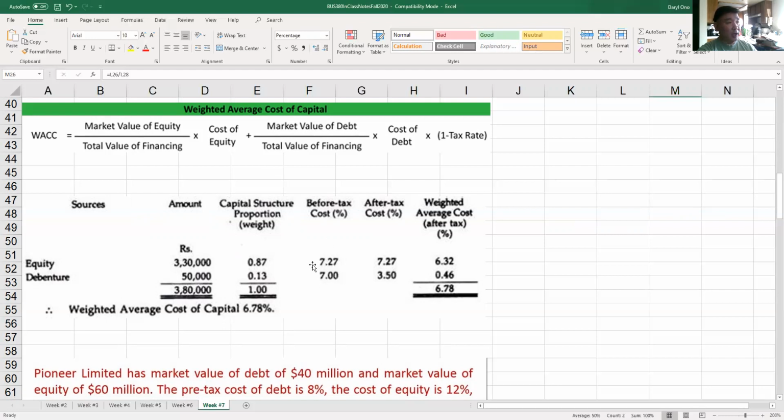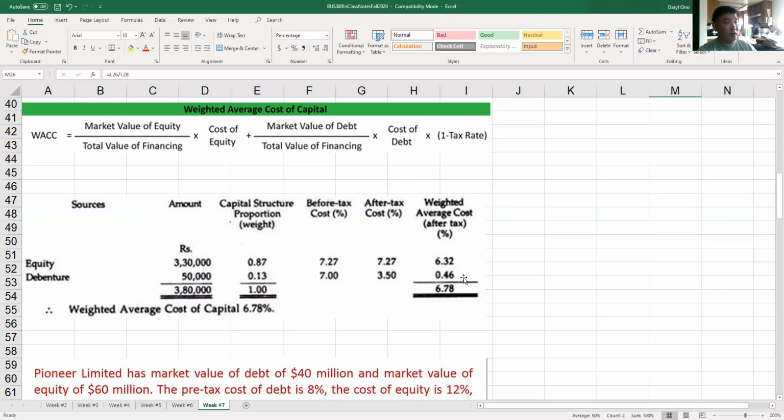You can use the capital asset pricing model to forecast this. This is after tax because you can see up here that your debt, you can deduct it for tax purposes. Looks like we have a 50% tax rate. So your after-tax cost of debt is 3.5.